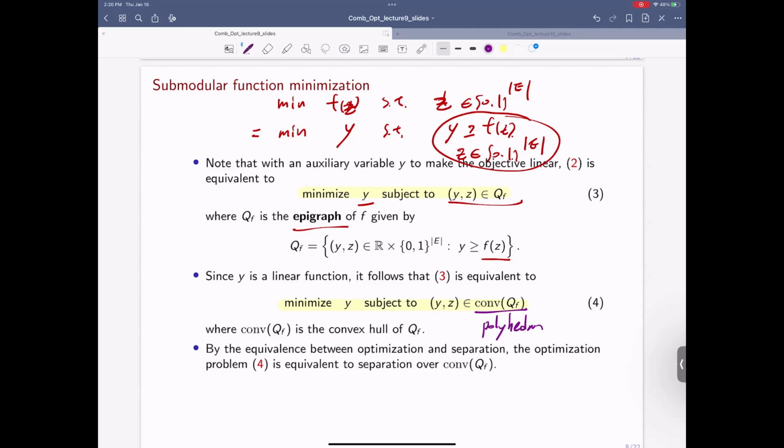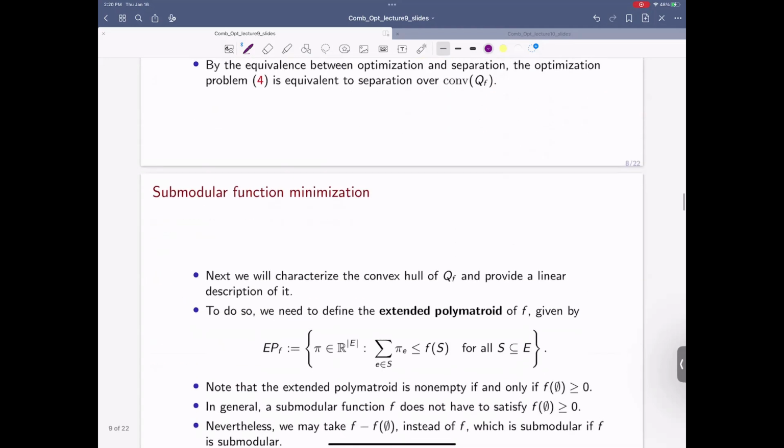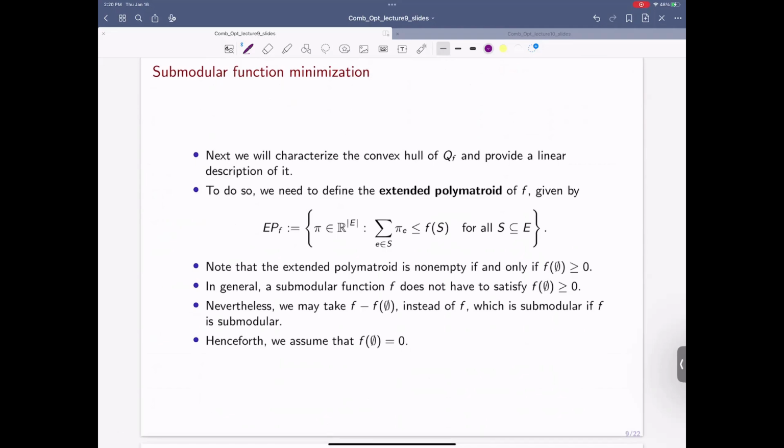So that's what we are going to do: consider the separation problem over the convex hull. And again, the convex hull is a polyhedron. In fact, we have a good understanding of the convex hull, and that's what I'm going to explain. Any questions so far?